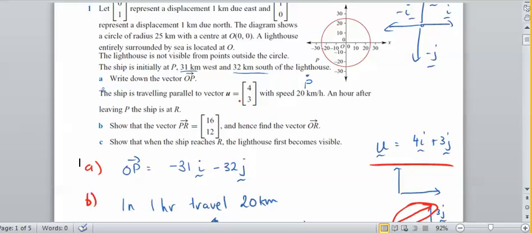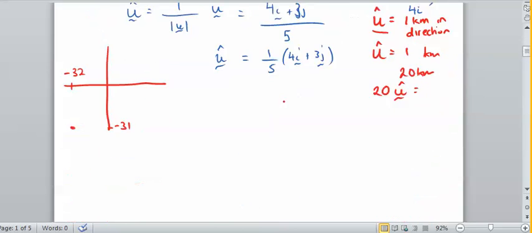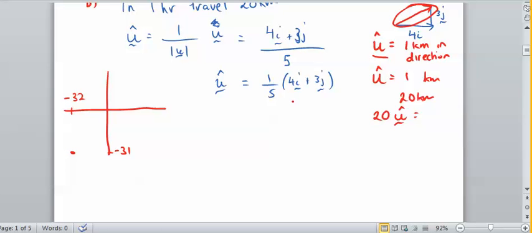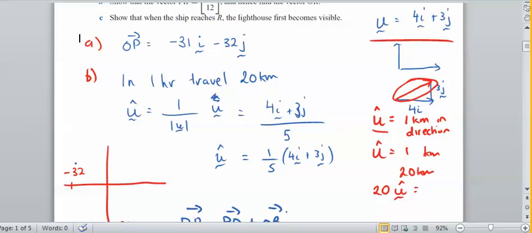The ship is travelling parallel with a speed of 20 kilometres. So what we need to do is go in this direction 20 times. So our vector PR is equal to PO plus, negative 31, yep.